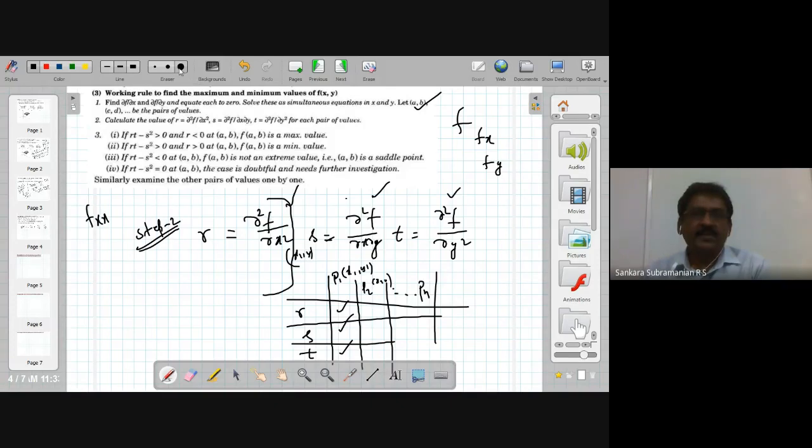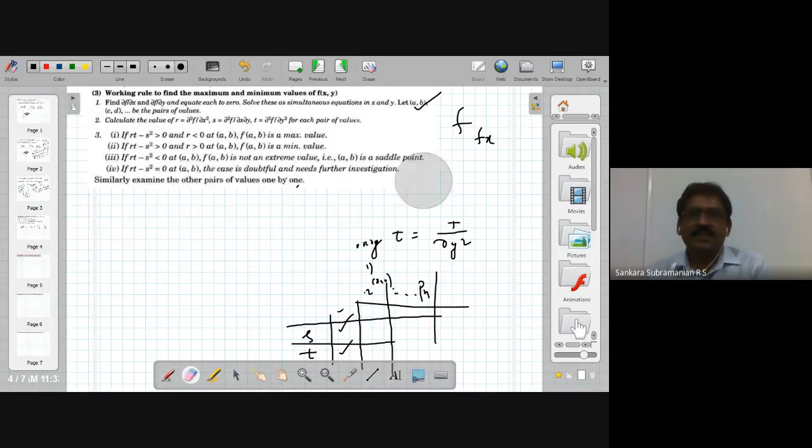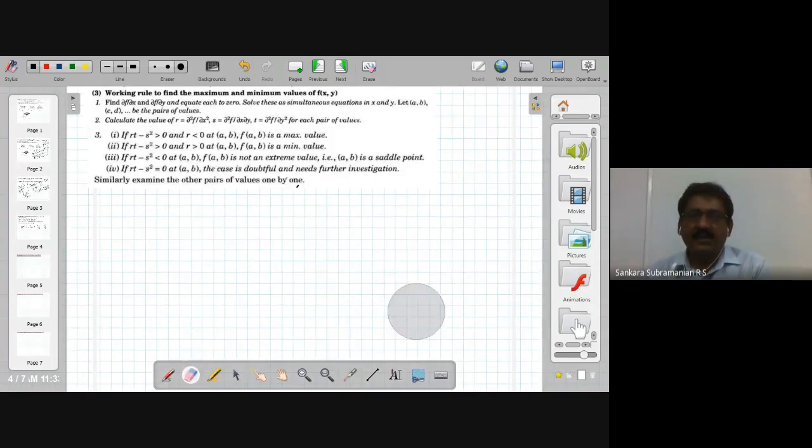Step number 3 is the decision-making step. One of the stationary points will be the point wherein the function will be maximum or minimum, and you have to identify that.